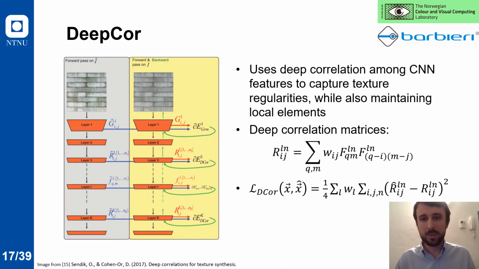This network uses deep correlation matrices, which are essentially the autocorrelation of the activation functions, to define a loss term that again is added to the traditional Gram matrices based loss term used by Gatys. In this way, the structure of the neighboring pixels is taken into account in the optimization process.